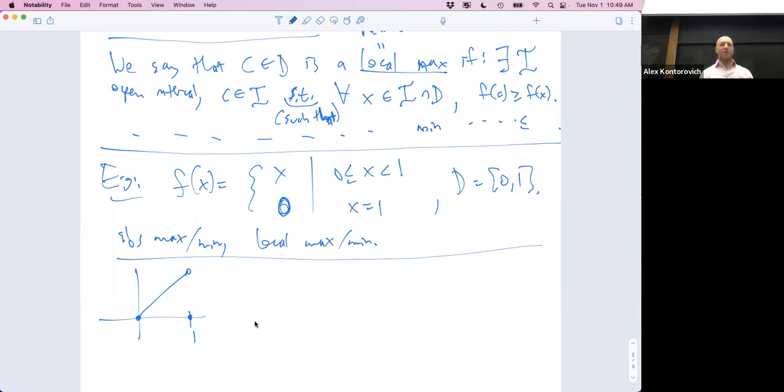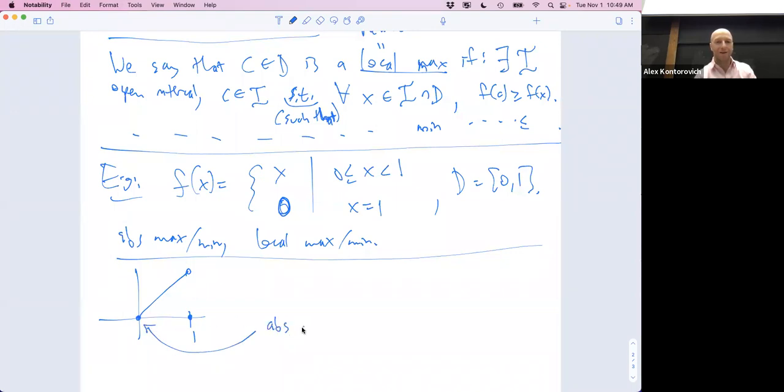Okay, so where's the local min? Do you have any local mins? Let's think back to the definition. Are there some, okay, how about absolute mins? Are there some places where the function is just the smallest it's going to get on the entire domain? Right. At 0, so 0 is an absolute min.